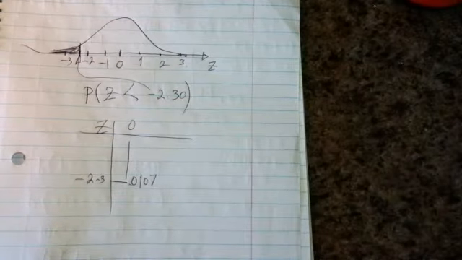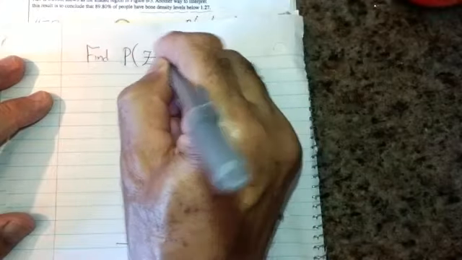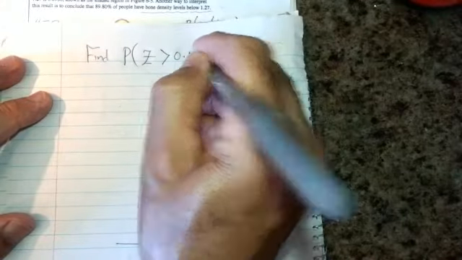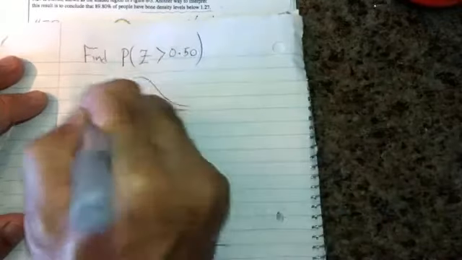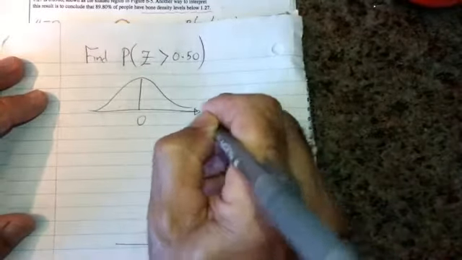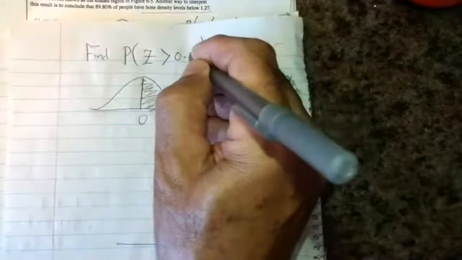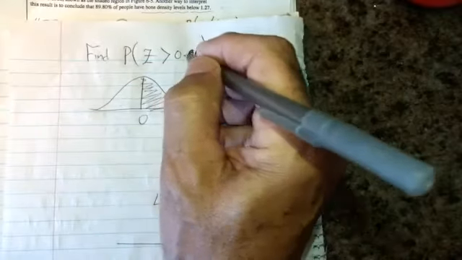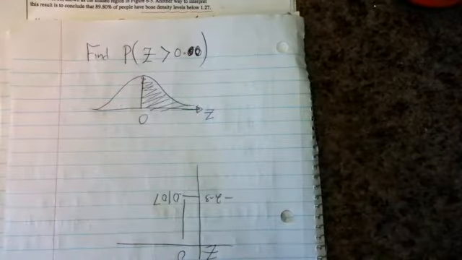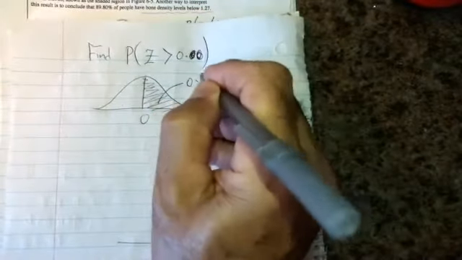Something like that. Half of the area is always 0.50.